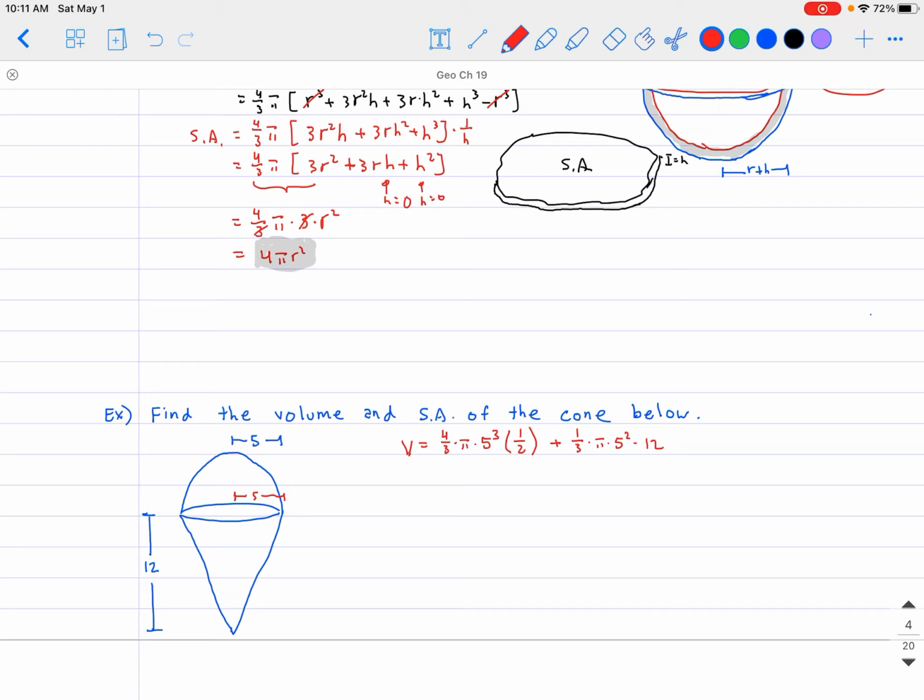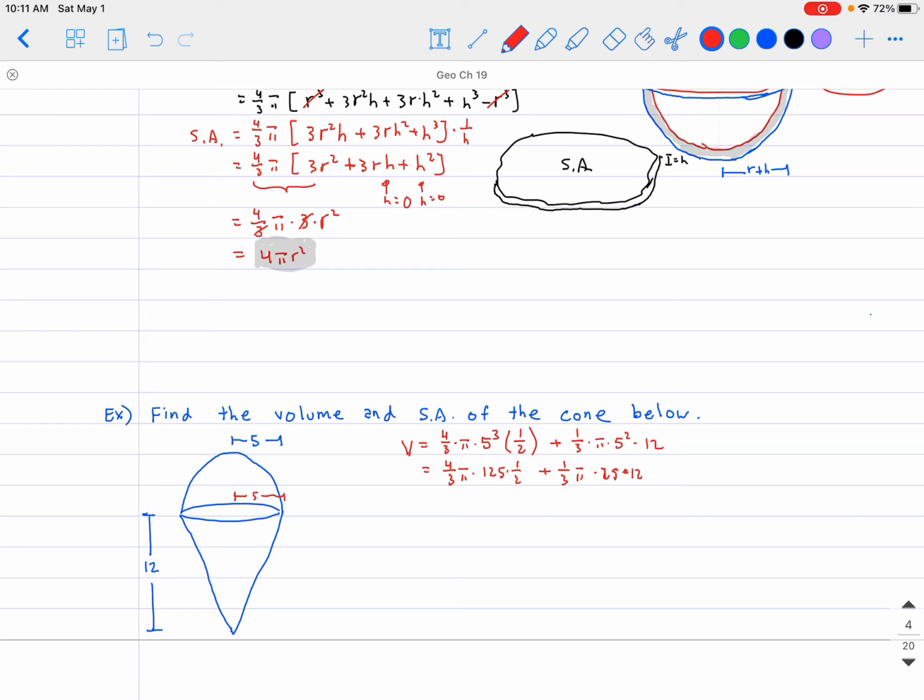So let's see here. Can we get a nice number out of this? So let's see, 4/3 pi multiplied by 125 multiplied by 1/2, and then plus 1/3 pi multiplied by 25, multiplied by 12.